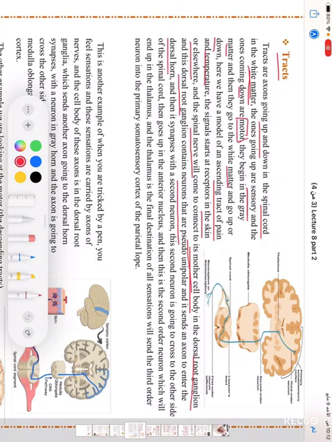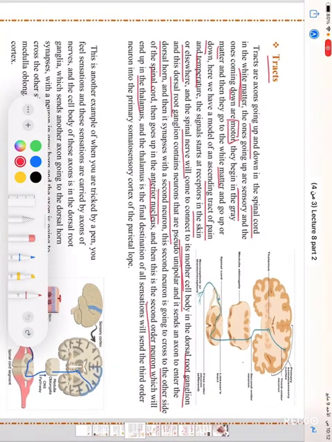Then it synapses with the second neuron, and the second neuron crosses to the other side of the spinal cord, then goes up, and this second order neuron will end in the thalamus.